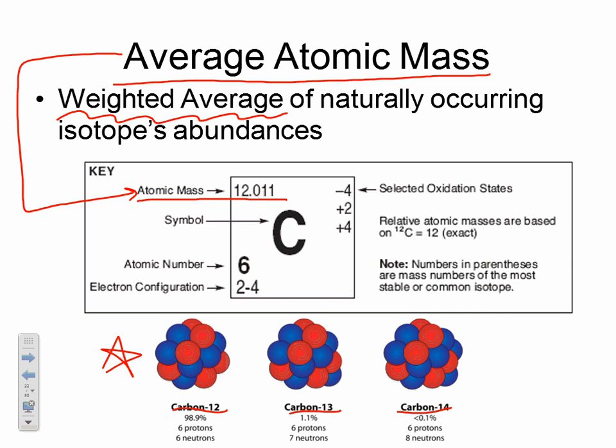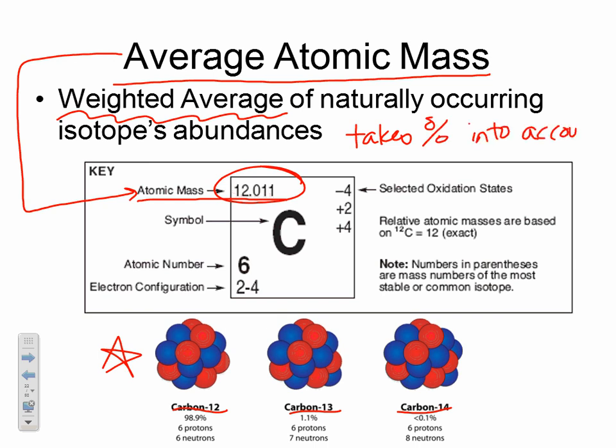It'd be right smack dab in the middle. And you'd say, oh, well, the average mass for carbon is 13. Oh, but it's not. I look at the periodic table, and the average atomic mass is 12.011. A weighted average takes the percentages into account.